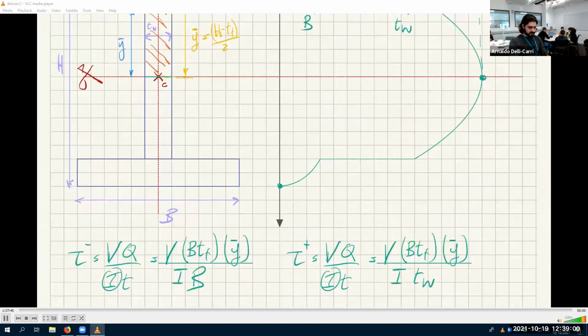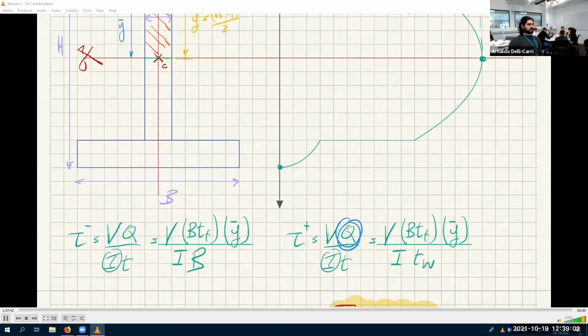This Q, if you take a point at the top or a point at the bottom, is always 0. So it doesn't matter V, I, T, they are just numbers. The Q becomes 0. And how do we know that Q is the largest at the centroid?